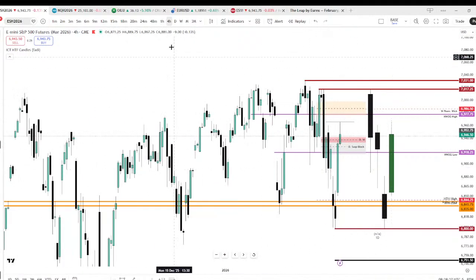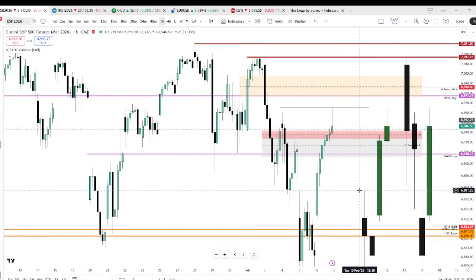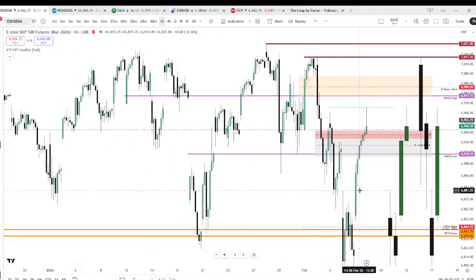It's overlapping PD array. So I have that imbalance up there.